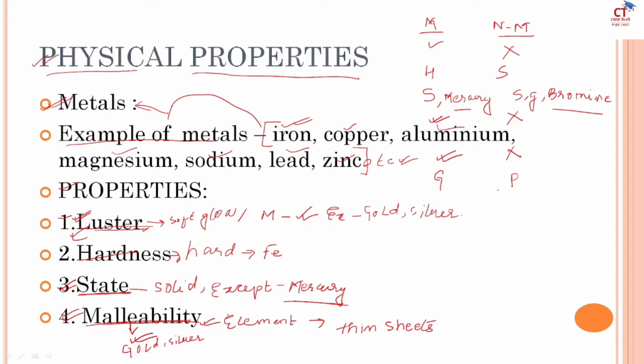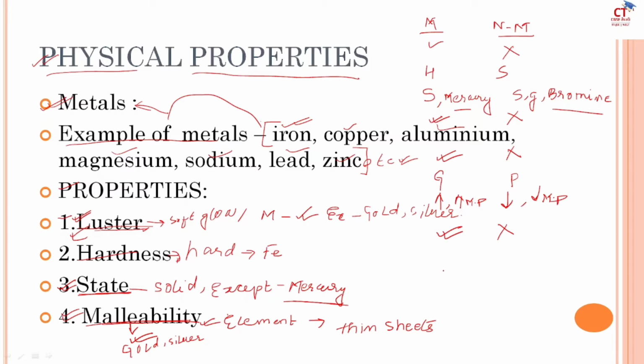Then we have density. Metals show high density, non-metals show low density. Metals have a high melting point, and non-metals a low melting point. Then sonorous. Metals show the sonorous property, that is, they make sound when hit with a hard substance, whereas non-metals are not sonorous.